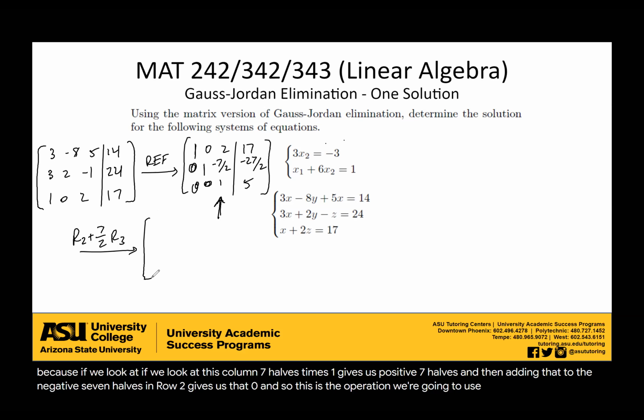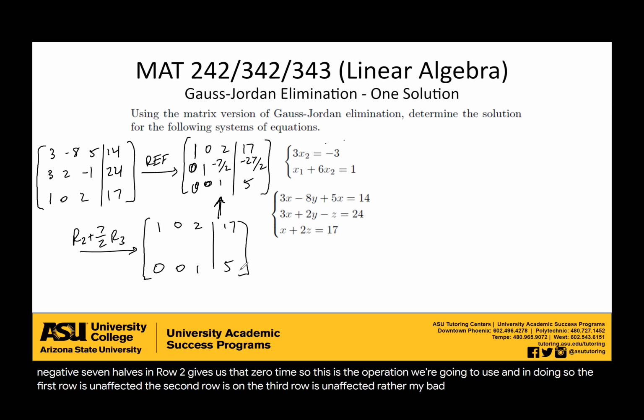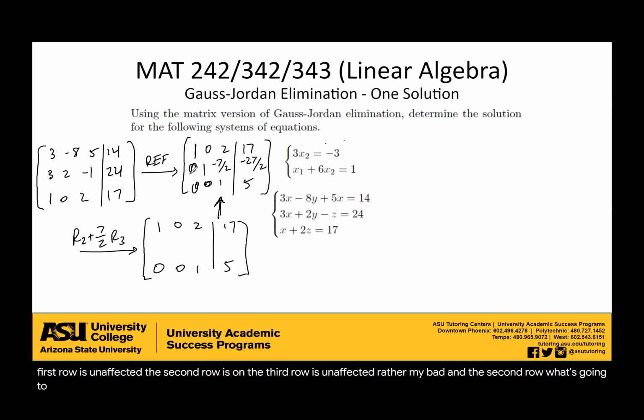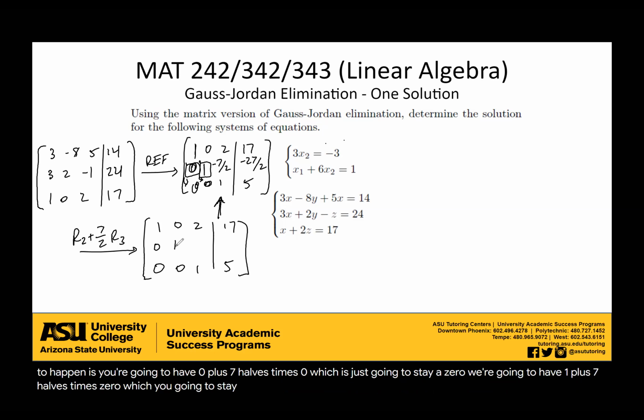And in doing so, the first row is unaffected. The third row is unaffected, rather, my bad. And the second row, what's going to happen is you're going to have 0 plus 7 halves times 0, which is just going to stay as 0. We're going to have 1 plus 7 halves times 0, which is going to stay as 1.